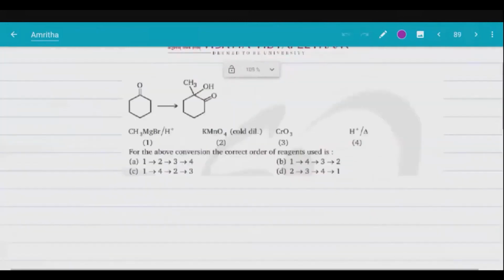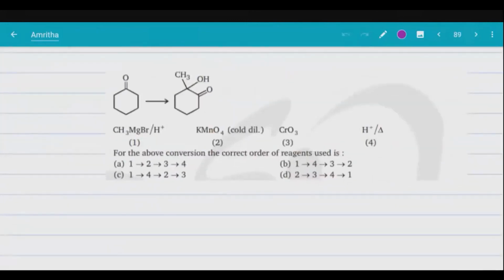Find the next one. See this. Here reagents are given. First identify the sequence, which is first, which is next, like that.